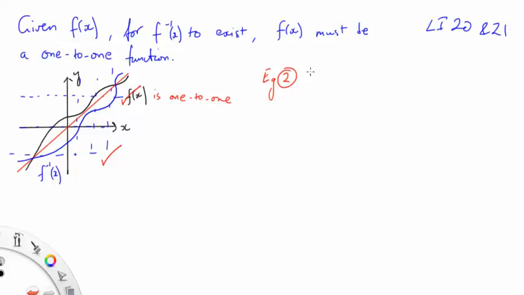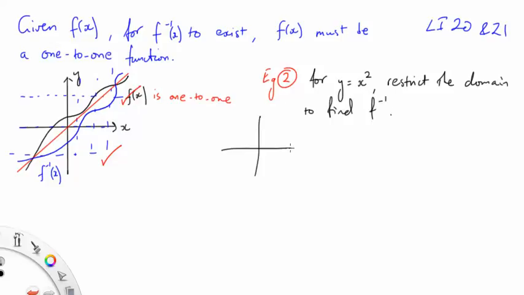Let's say for y equals x squared, restrict the domain to find the inverse function. Alright, we all know what y equals x squared looks like. But it's not one-to-one because it doesn't pass the horizontal line test. It passes the vertical line test.